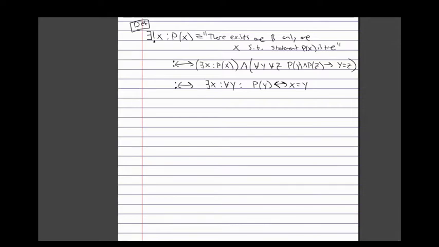The concept of uniqueness of an object, or uniqueness of an element in a set, uniqueness of a solution. So for instance, when you go to solve certain equations in algebra or in calculus, when you're solving for certain solutions to functions, a good example is differential equations.